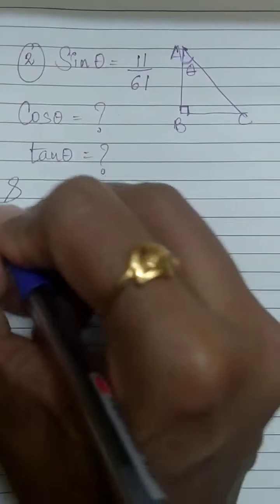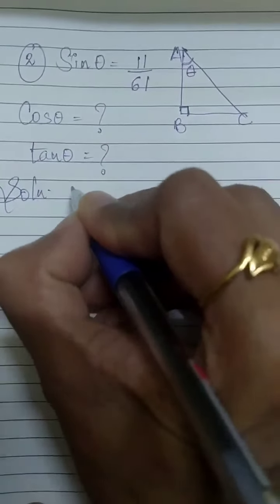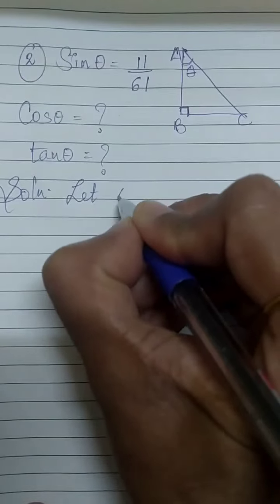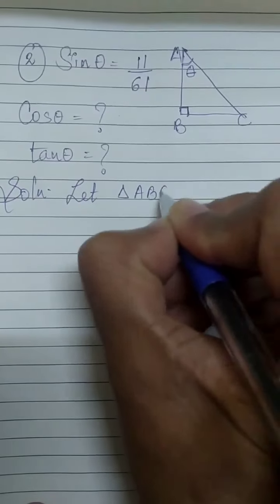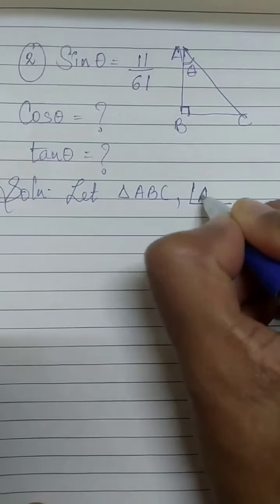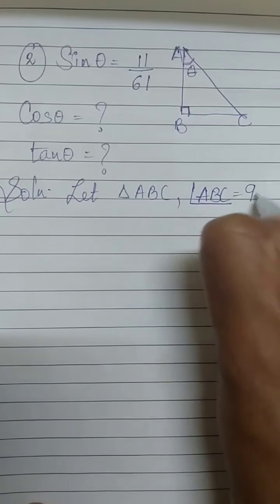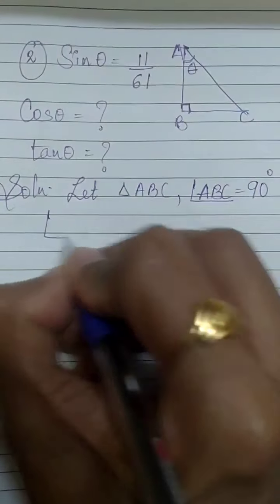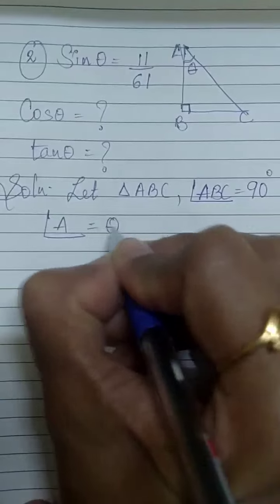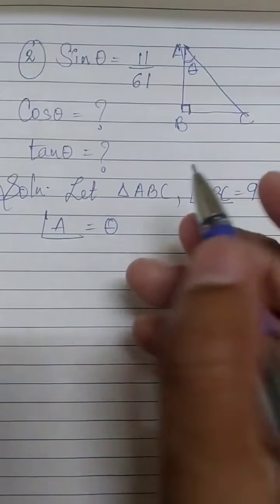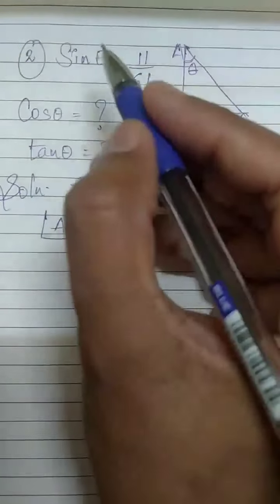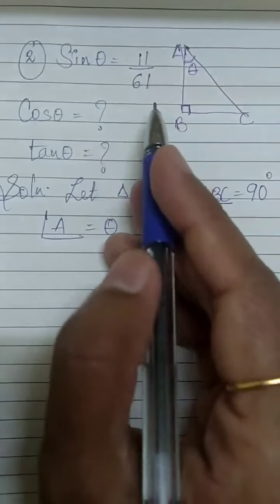Okay, so solution, specify this. Let triangle ABC, angle B is equal to 90 degrees. Angle A is equal to theta. Sin theta is given as 11 upon 61.